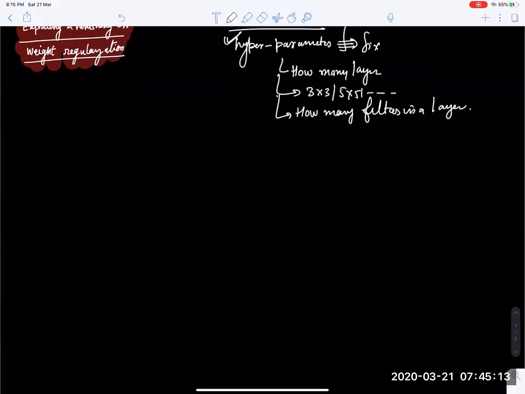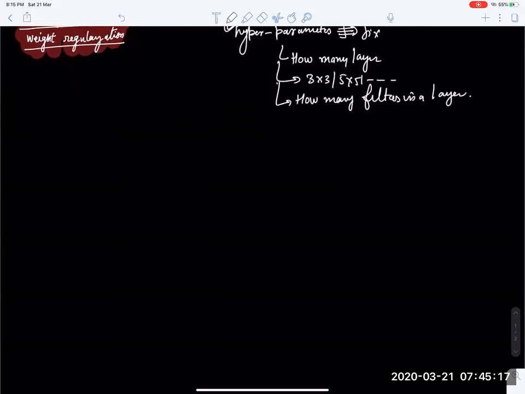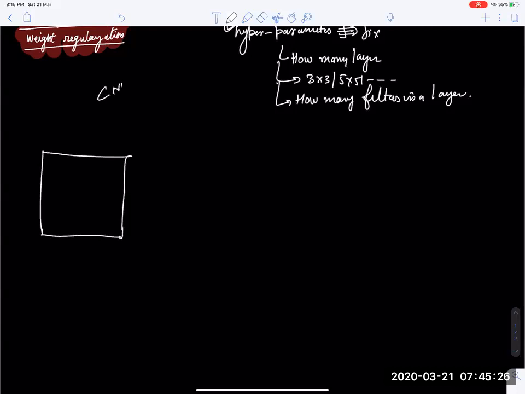So given this, let me give you a very brief overview. Suppose that I have an image. Right now we are talking about CNN. When we talk about CNN, it has to be a 2D matrix or an image over which we apply this, because we are applying two-dimensional filters, so it has to be applied over 2D type of data.